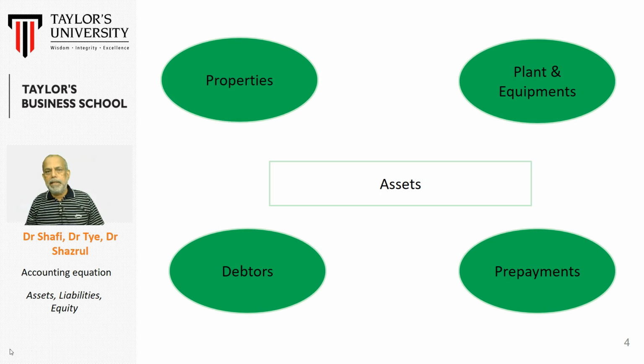For instance, it might be an electricity bill, or any type of utility bill which has been paid in advance. Therefore, it is considered a prepayment, and it is classified as a current asset, i.e. an asset which would be liquidated and converted to cash in a period of less than 12 months. So hence it is a current asset.